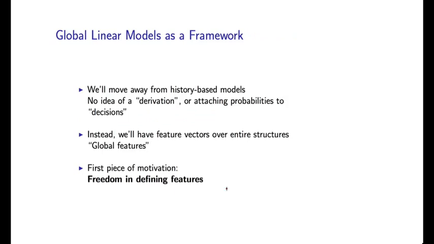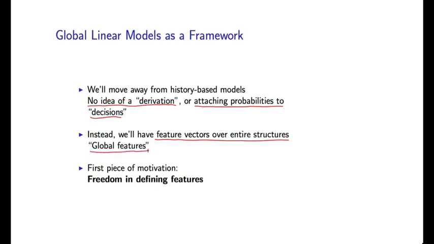So one key idea is the following. We'll move away from this idea of derivations, or in particular, we'll move away from this idea of attaching probabilities to individual decisions which go into building an entire structure. Instead, we're going to talk about feature vectors over entire structures. We'll call these global features.